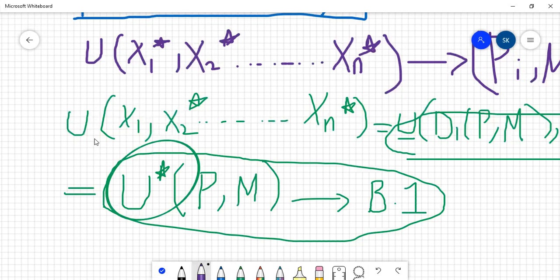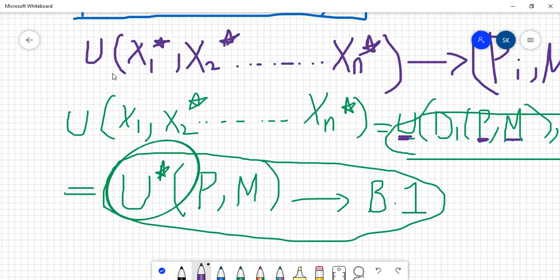Because it indirectly depends on the prices and money income via the maximization process, in contrast to the utility function, which directly depends upon the Xis.